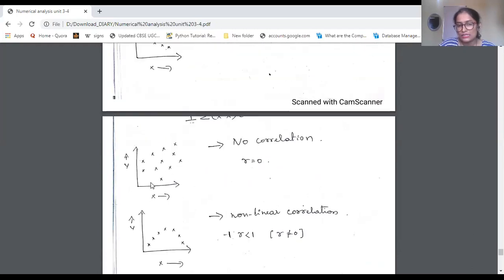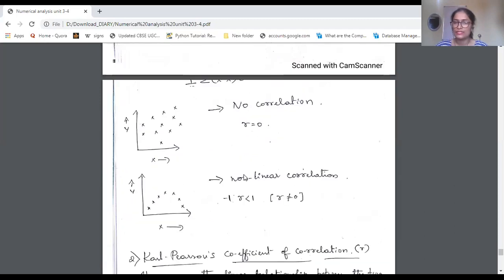And here you can see that there is no relation between the values of x and values of y whatsoever. So in this case the value of R is equal to 0, indicating that there is no correlation between x and y. They both are independent of each other.